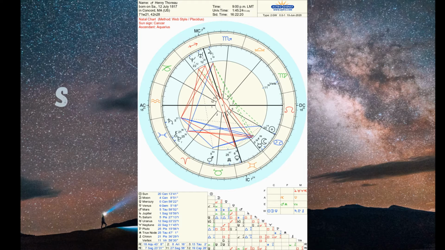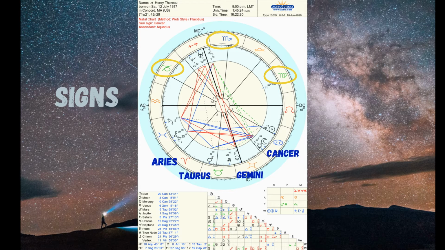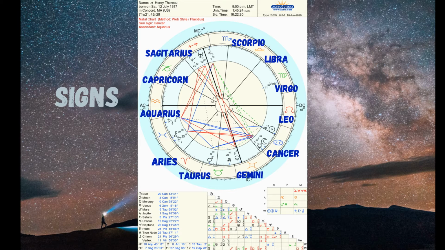Moving on, the next thing that we're going to look at is the signs. The signs are on the outer circle. Those are the glyphs for the signs. So we have Aries, Taurus, Gemini, Cancer, Leo, Virgo, Libra, Scorpio, Sagittarius, Capricorn, Aquarius, and Pisces.